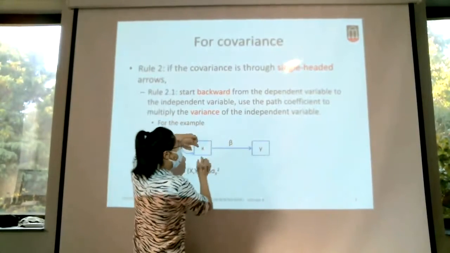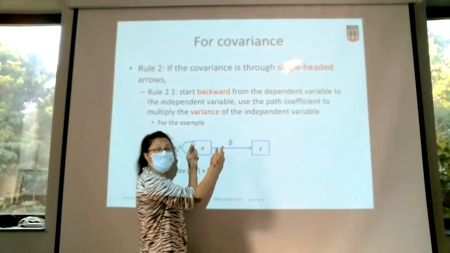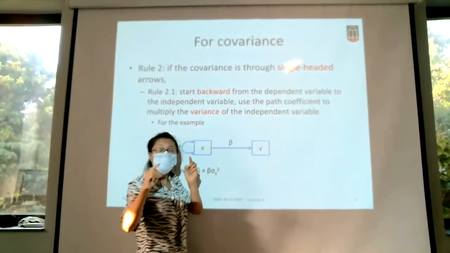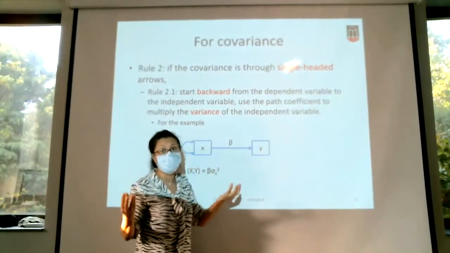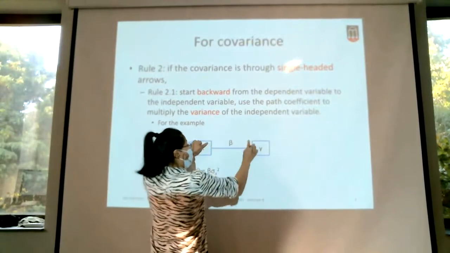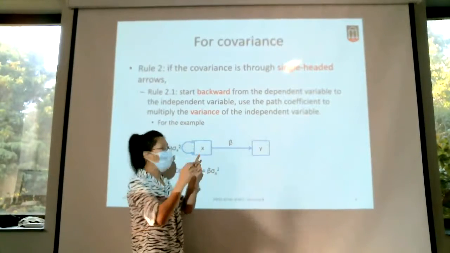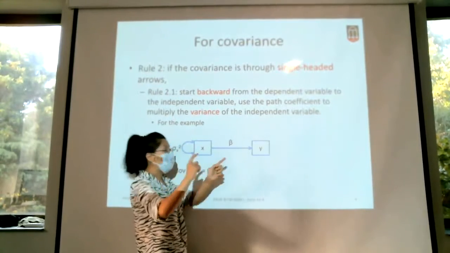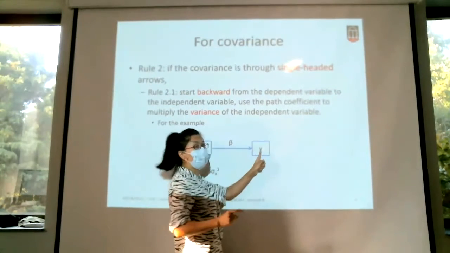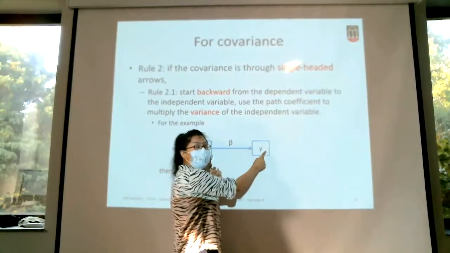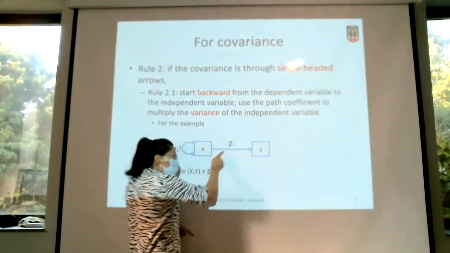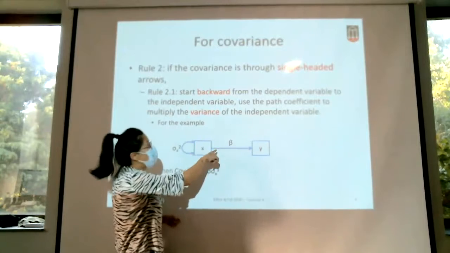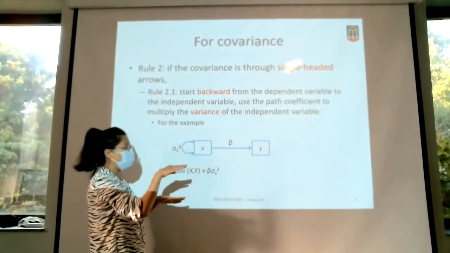Look at this case. You have a single-headed arrow connecting these two variables from x to y. The question is: what is the covariance between x and y? Between them, there's no double-headed arrow. Instead, there's a single-headed arrow. Then the first step is to start from the dependent variable and go back to the independent variable, reversing the direction of the single-headed arrow.